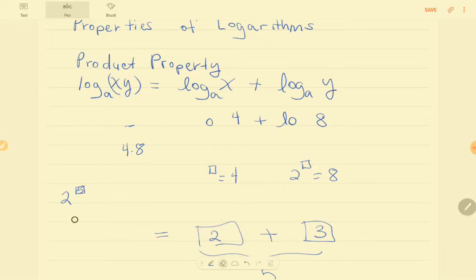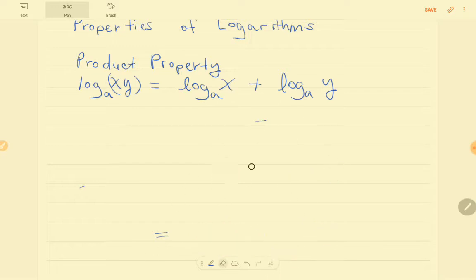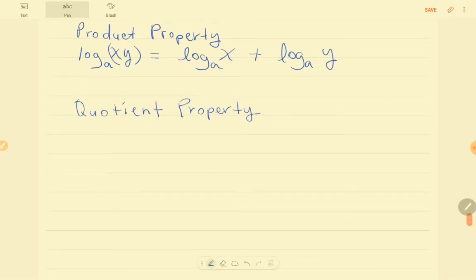We have the quotient property. Oh, that sounds good. Let's take a look at that. The quotient property is, well, what is a quotient? Well, just like the product is a result of a multiplication of two factors, a quotient is the result of dividing.